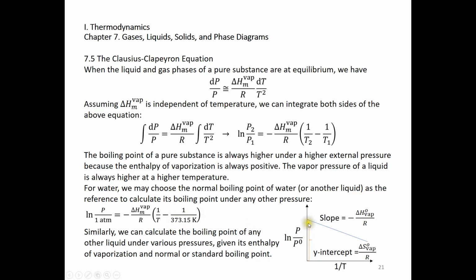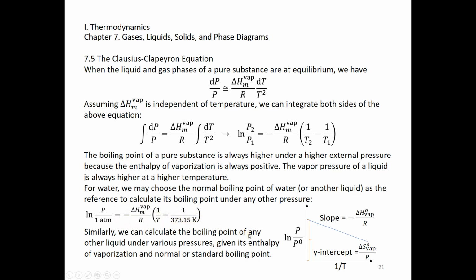That's the y-intercept. And the y-intercept has another physical meaning, because if you look at this, the enthalpy of vaporization divided by the temperature of vaporization is equal to the entropy of vaporization. So you can see this expression here. It's just equivalent to this part divided by negative temperature.